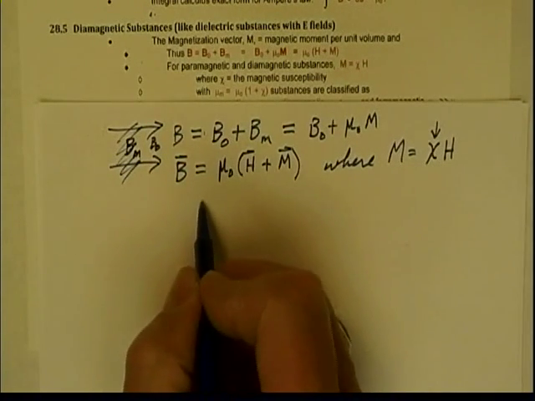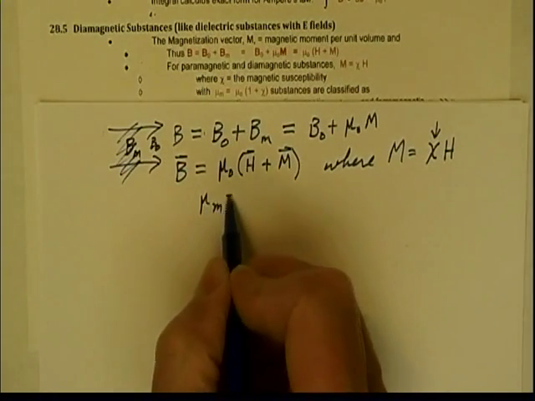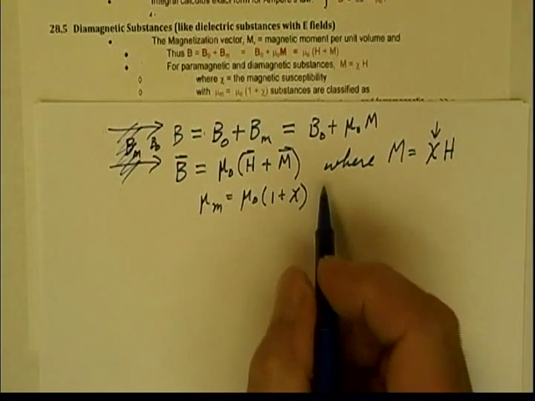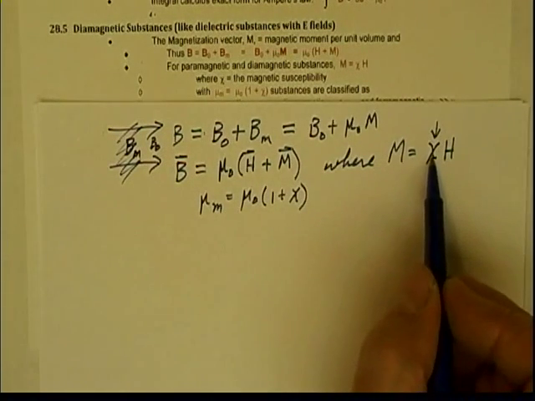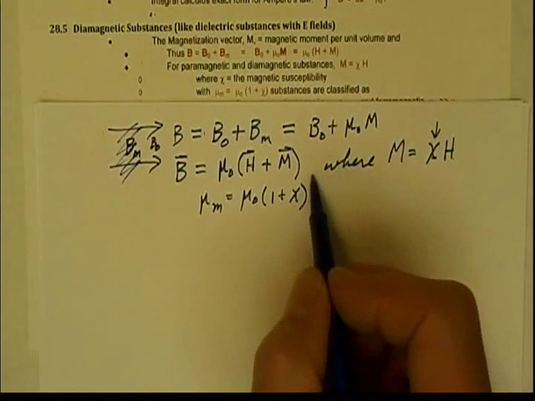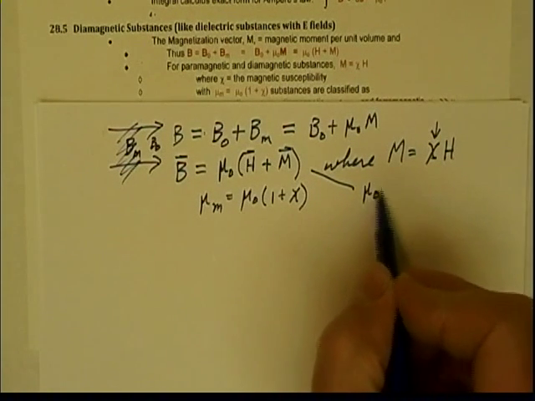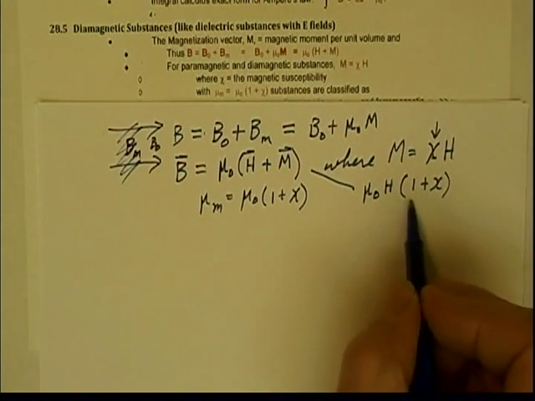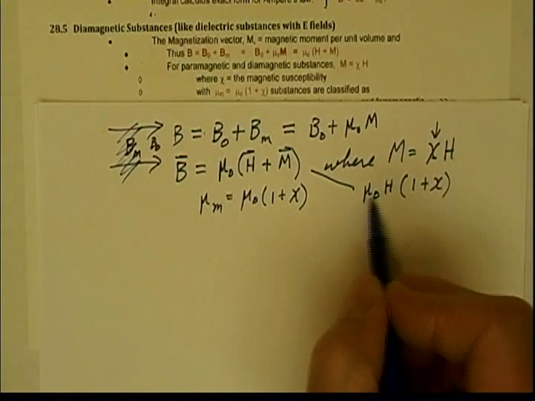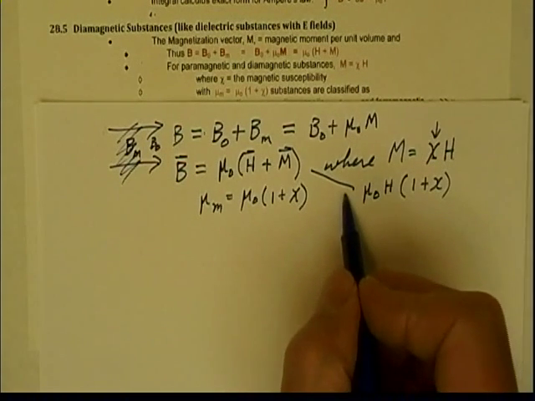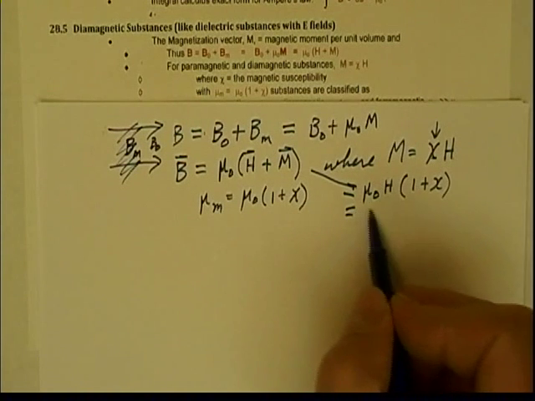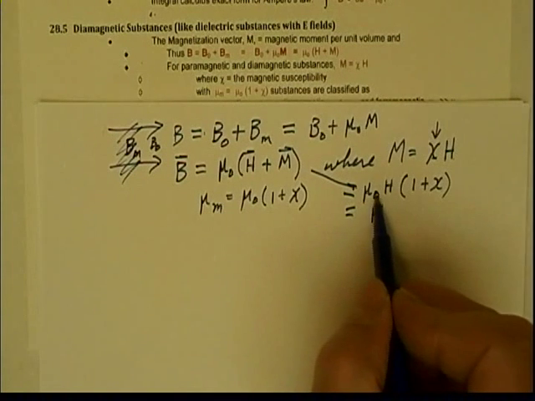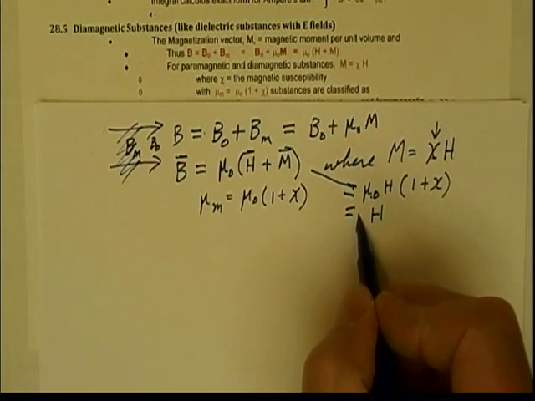Then we can write mu of the material is equal to mu naught times 1 plus chi. This comes from the fact that if we put chi times H here, then this would become mu naught times H times 1 plus chi, and then we can replace this mu naught times 1 plus chi with mu m. That will equal H times mu m.